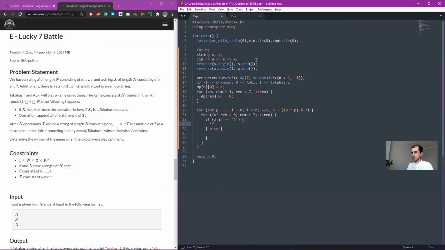He's got to check, you know what? If dp at remainder. Oh, it's not clear. Okay, you know what? Remainder gets remainder plus the power of 10 times si converted to integer.